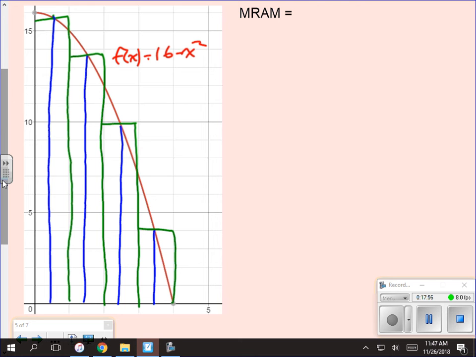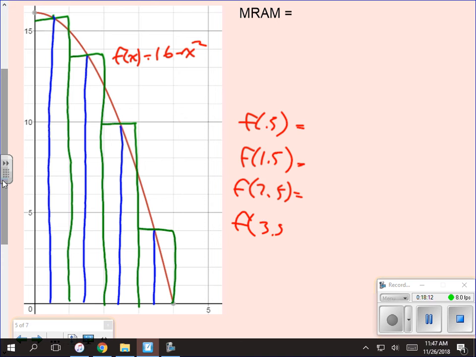So you need to find f of 0.5, f of 1.5, f of 2.5, and f of 3.5. Those are the midpoints of your intervals.